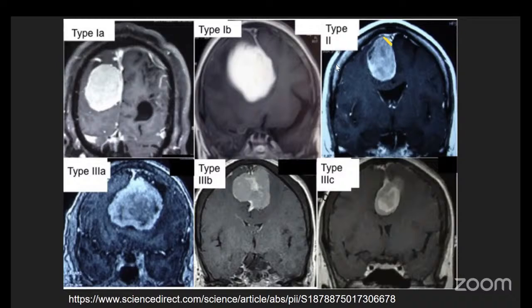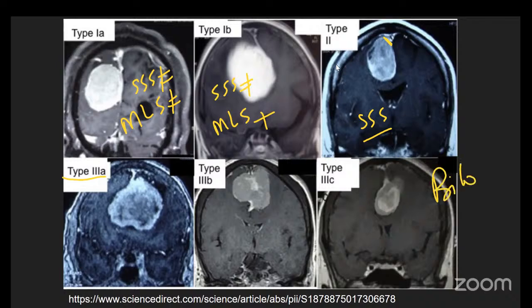So type 2 is still on one side and there is some involvement of superior sagittal sinus. This is midline shift. This is no midline shift and no superior sagittal sinus involvement. When we write all this, we have this in the text ahead, but let me be clear. Then we have type 3. Type 3 are these bilobed falcine meningiomas. They are bilobed or they look like a butterfly.